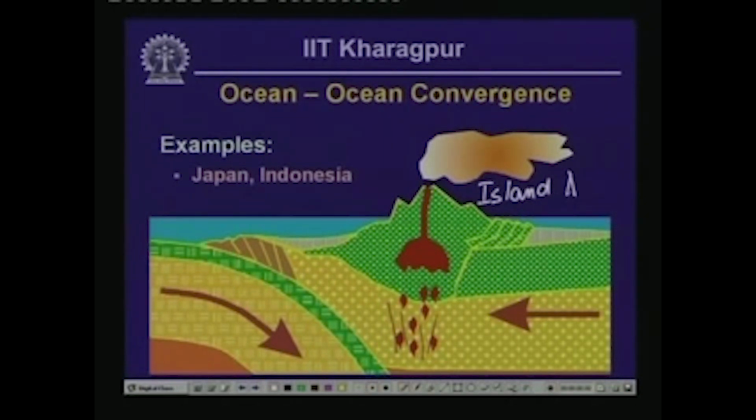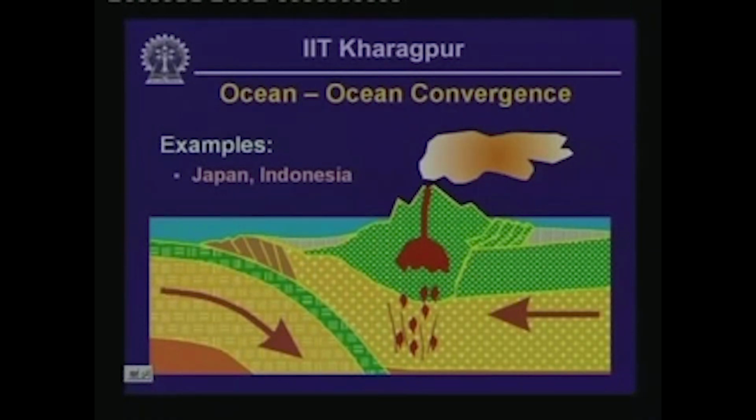The Japanese archipelago in fact is one such island arc. Here again you can see that there are thrust zones, there is a zone of accretion, and then again back arc and fore arc valleys filled with sediments.